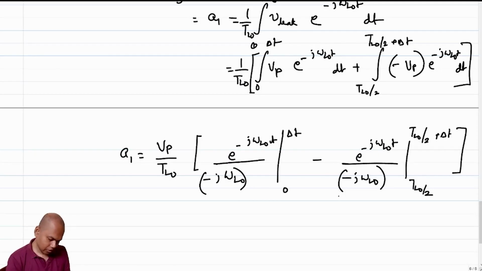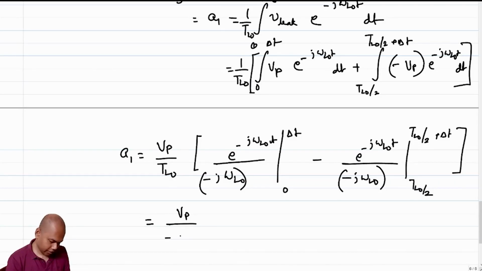So I'll take this j omega LO out, because that's common between both terms. So Vp by, and omega LO and TLO get multiplied and we get 2 pi.